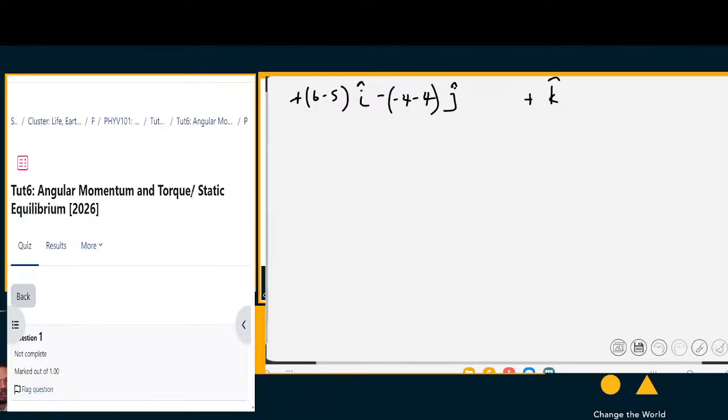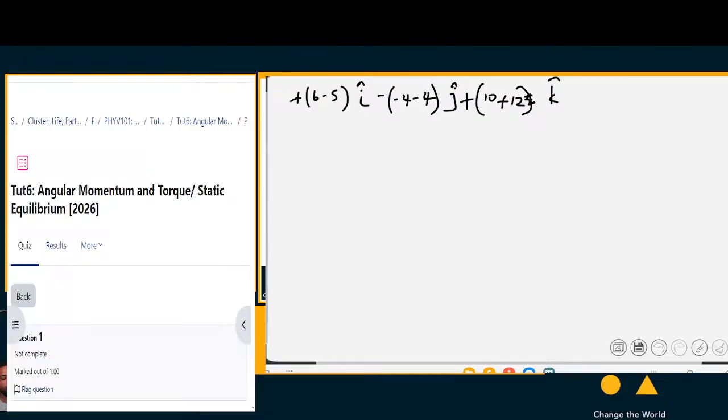You can check these determinants yourself. You should be fine with working out determinants. Then plus 10 plus 12.